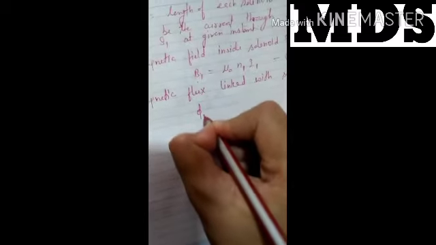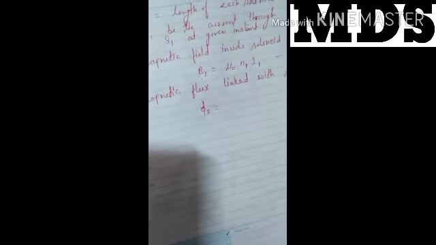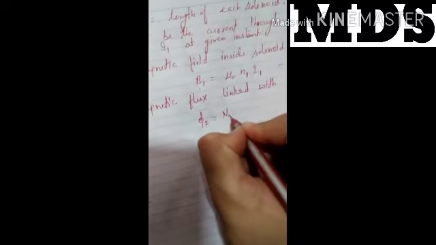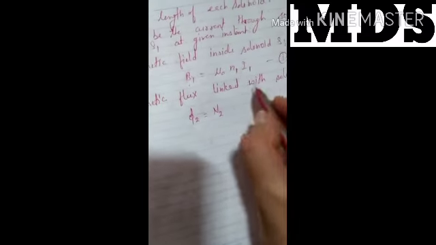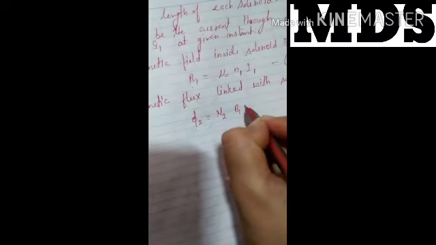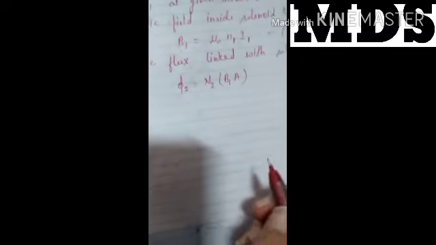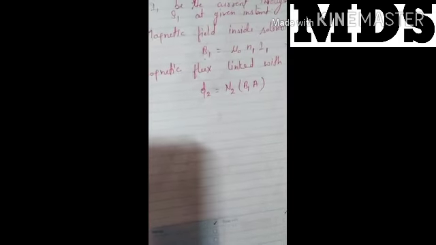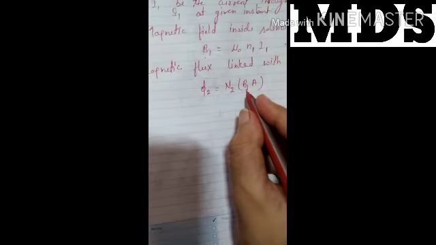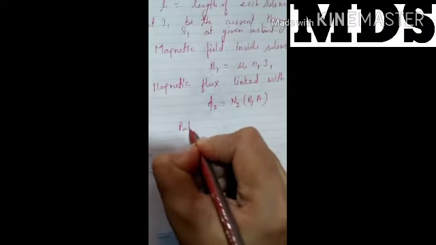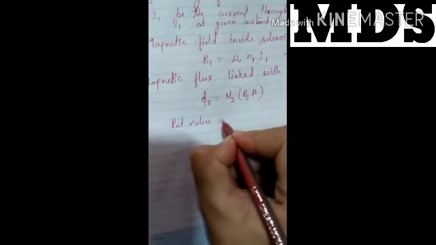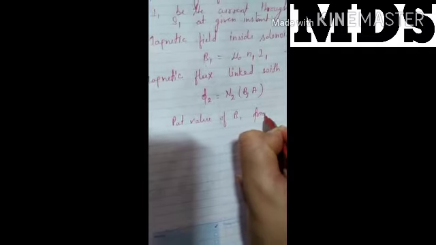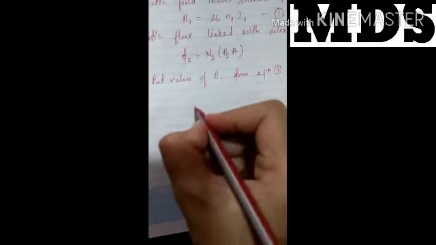Then we can write phi 2 equals N2 B1 A, where N2 is the number of turns in the S2 solenoid, but the magnetic field acting is due to the first solenoid, B1, and A is the area. Clear? Now put the value of B1 from the first equation.